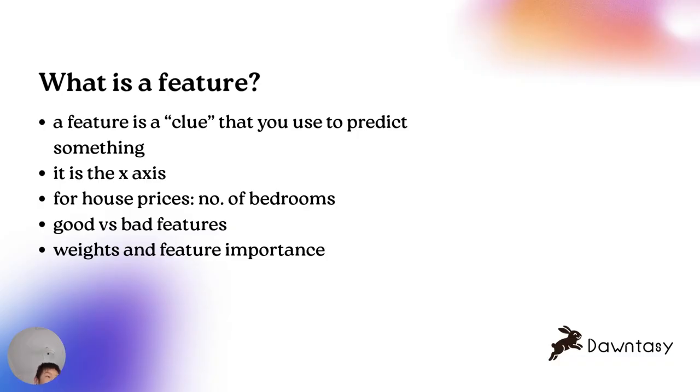Before we explore what each paradigm is, we need to understand features and labels. A feature is like a clue that you use to predict something, a piece of information that can help you make a prediction. For instance, if you wanted to predict house prices, the most logical features would be the house size, the number of bedrooms, and whether there's a pool or not. These are all relevant features that contribute to or have a significant influence on the house price, or what we want to predict.